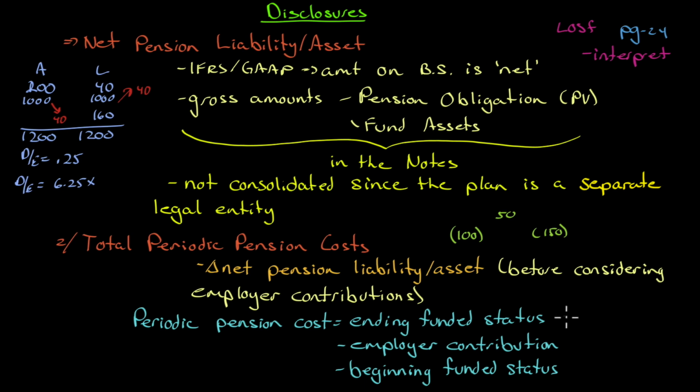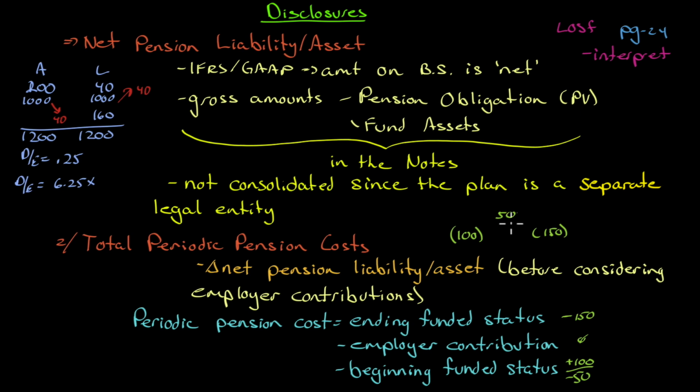So our ending funded status is negative $150. We subtract our employer contribution, so we're subtracting 0, and we subtract the beginning funded status, so we're subtracting negative 100, which means we're adding, because minus a negative is a plus, and we could see we have negative 50, or 50 with brackets. There's our expense, 50, as it should be.